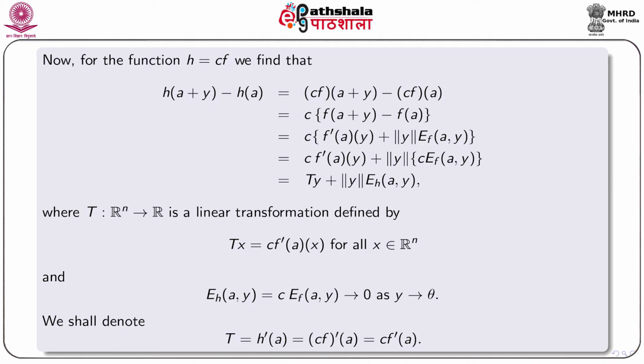So c f'(a) is another linear transformation defined over the same domain, that is R^n, and e_h(a,y) tends to 0 as y tends to theta. c is a finite real number, so c times e_f(a,y) also tends to 0. This shows that the function h equal to cf is differentiable at the point a. We shall denote T equal to h'(a), that is nothing but c f'(a), that is c times f'(a).